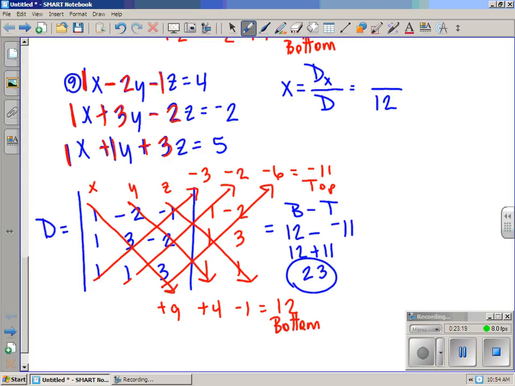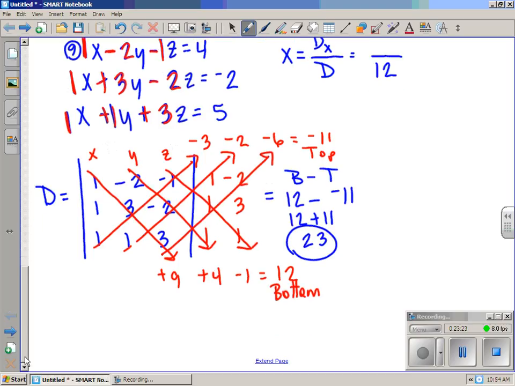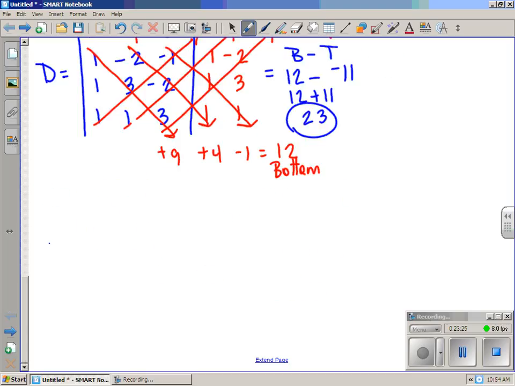In order to actually find x, we've got to find the determinant of x. First column represents x, second column represents y, third column represents z. However, if we use that same setup as we just did, we'll get the same answer. So we've got to change something, and in this case, we're going to change our x column.